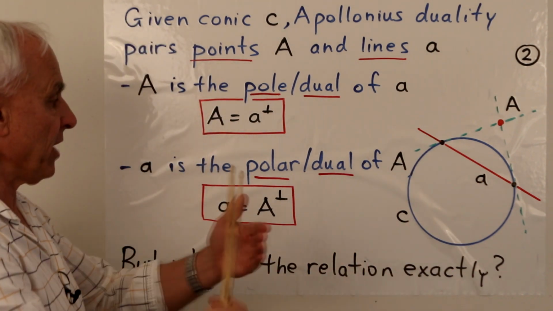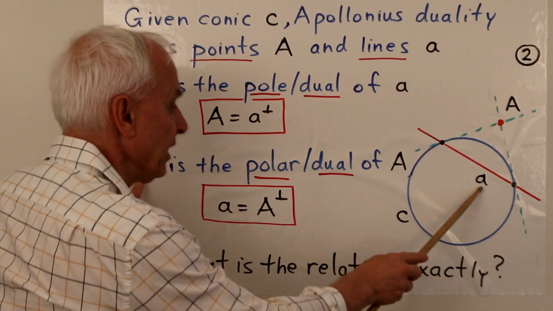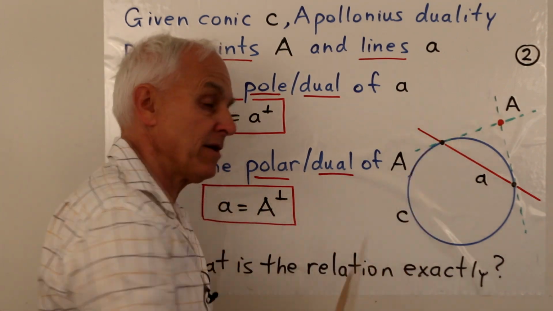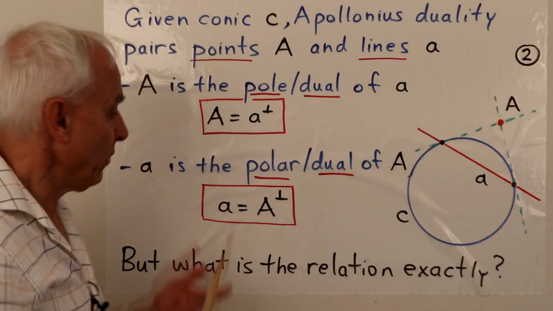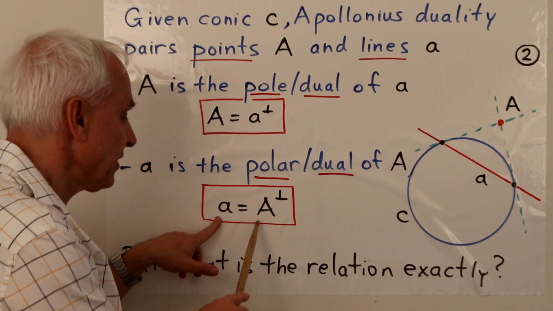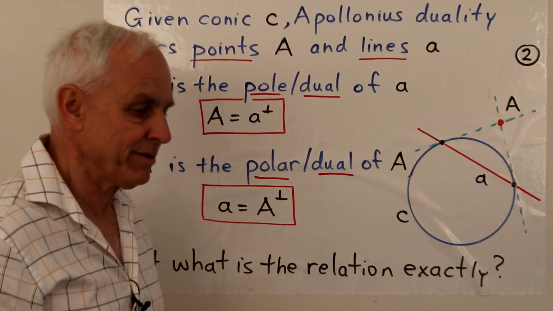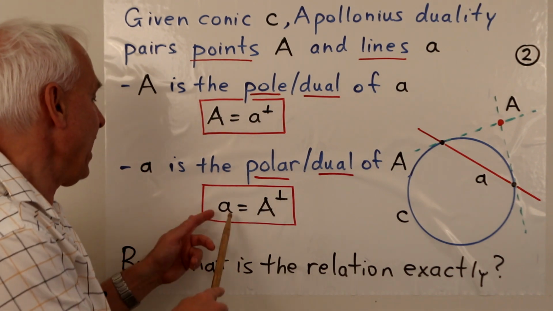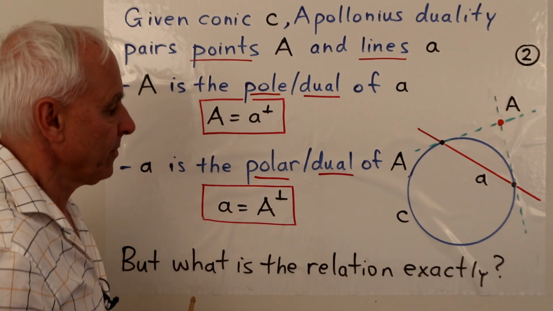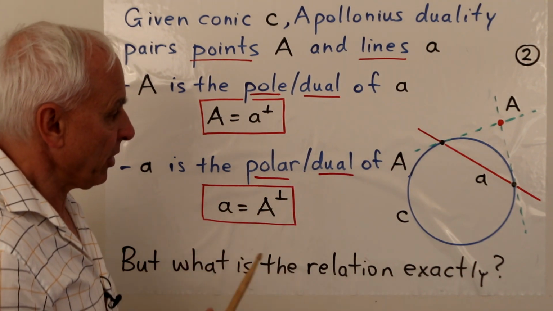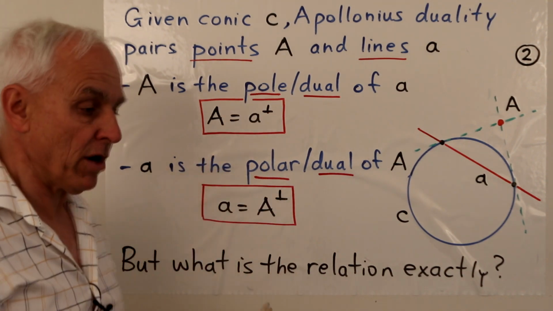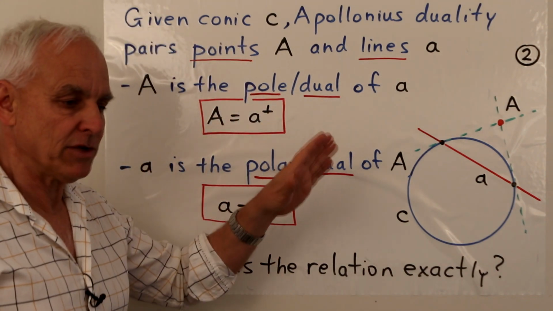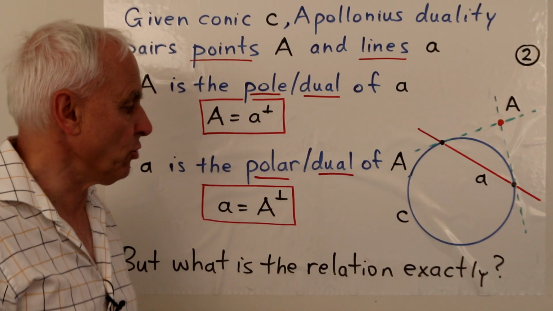And if we want to look at it from the other way around, we'll say that the line little a is the polar or the dual of the point capital A. And we'll write that as little a is capital A with a perp subscript, and we'll say little a is A dual. Okay, so that's the notation that we're going to be using. Pole and polar are kind of traditional, but I find it's useful actually just to use the word dual to express this relationship. It's very much a duality.